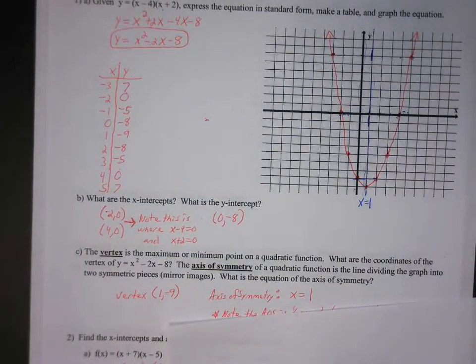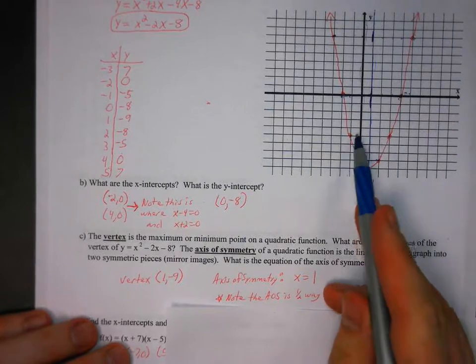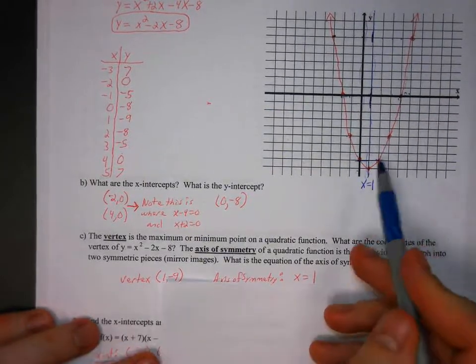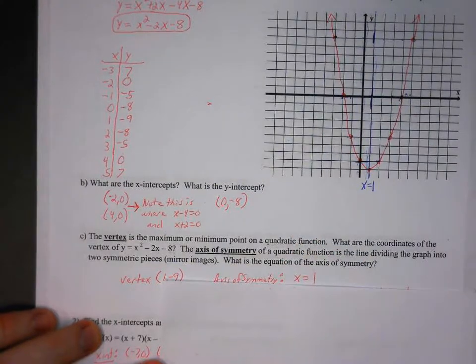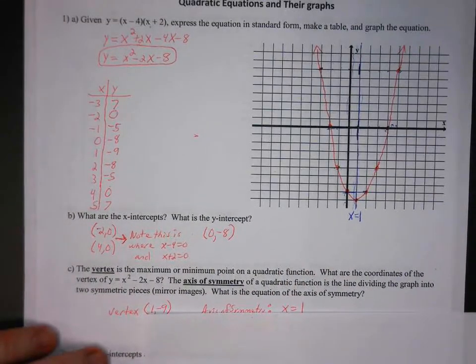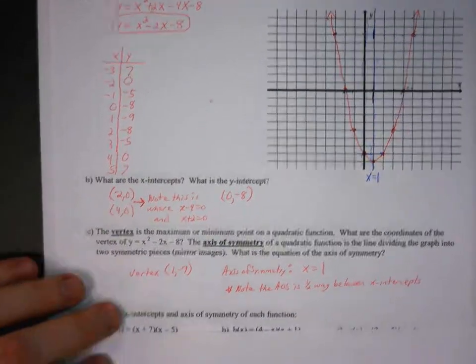So if you have two symmetric points, meaning they have the same height on the graph, the same y value, like the x-intercepts, you add the two x values together and divide by 2, basically finding the average of the two x values, and that gives you the axis of symmetry.